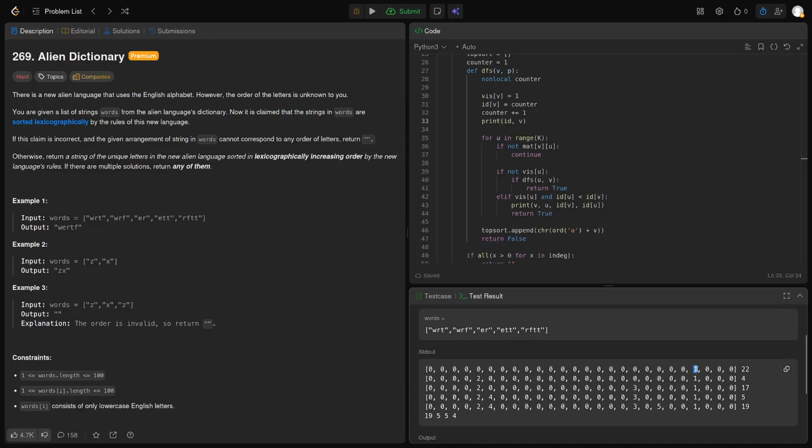So we start at W, then we go here. Where'd you get that from? I mean, this is T, this is T, right? And what does T? So T and F. So T should be in front of F.